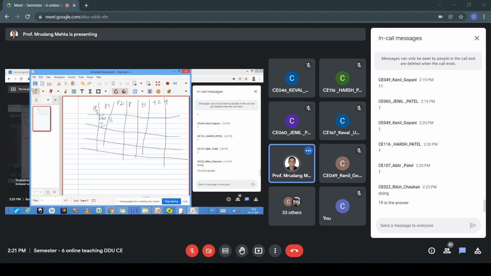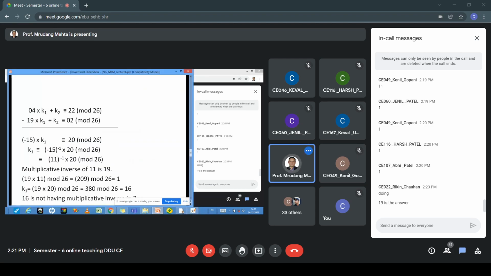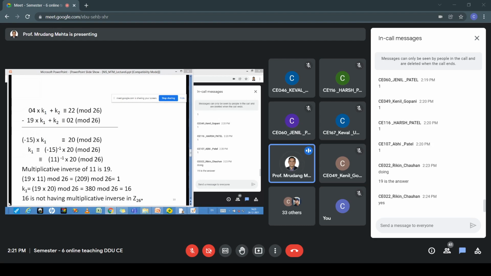And so what happens? Your result would be like this: 19 into 20 mod 26, that is 380 mod 26. So it results into 16. Now, 16 is not having any multiplicative inverse in Z26 star. Is it correct? So it means that this algorithm 1 is not affine cipher, right?